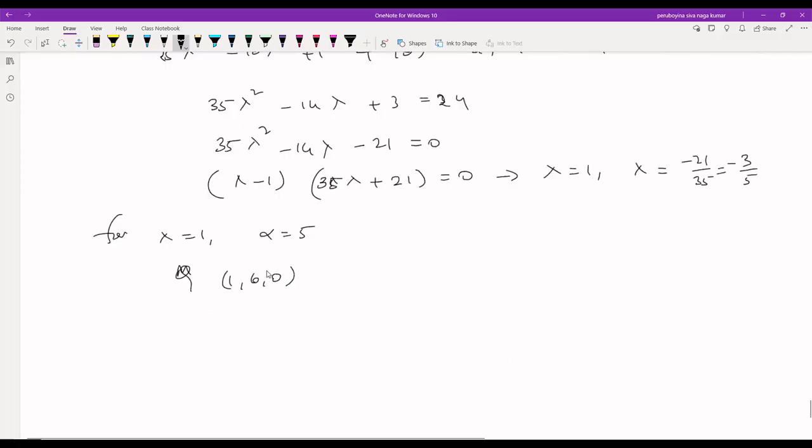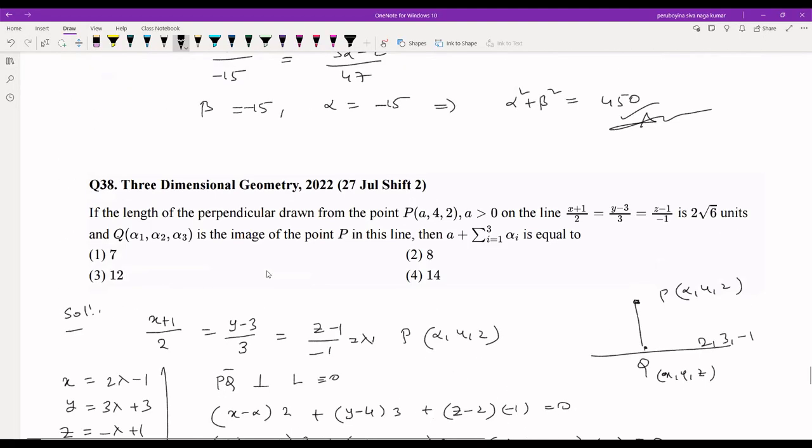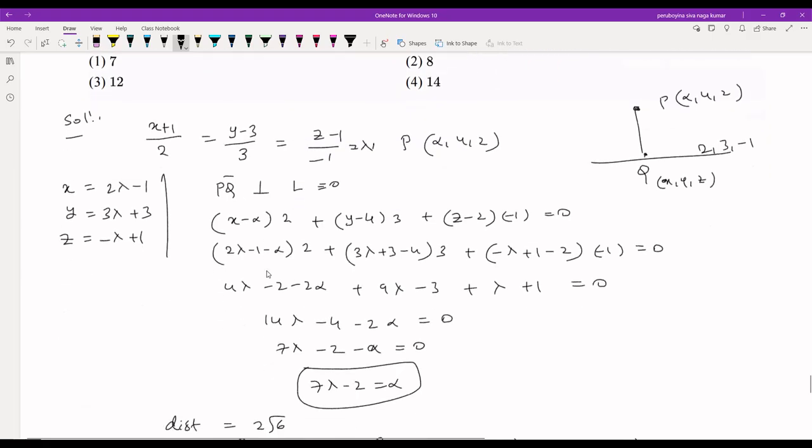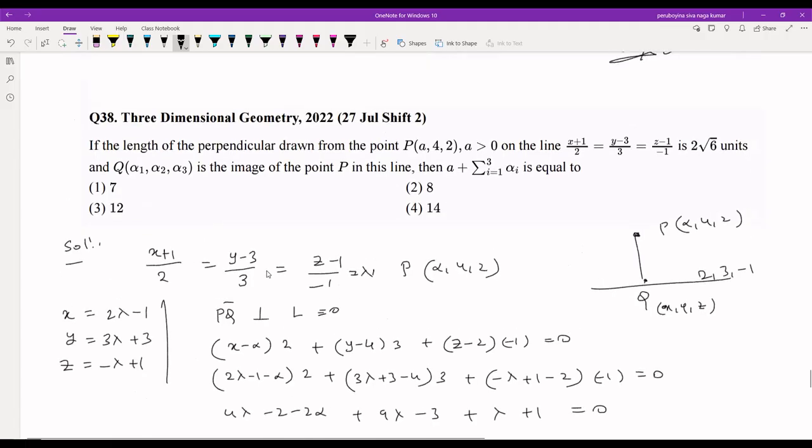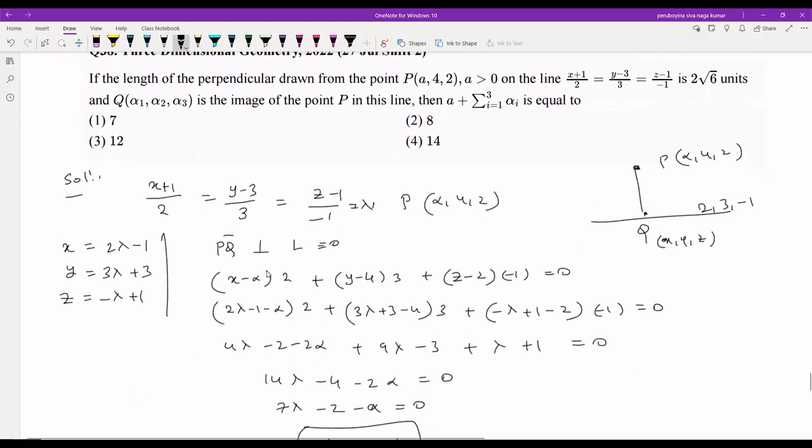After getting this point Q, alpha we identified, and we got the Q point also. (Alpha 1, alpha 2, alpha 3) is the image of P. So you can use the rule 7 lambda minus 2 equal to alpha, and the sum of the values along with alpha.